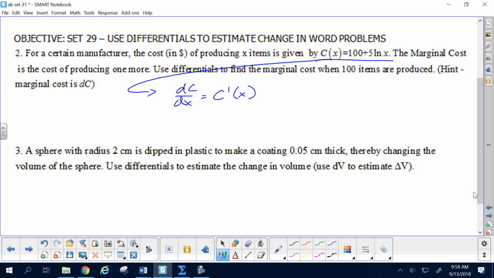You didn't have to write that. You could jump straight to dC is the derivative C prime times dx. Okay? The differential idea is the derivative. The differential is the derivative times the differential of the other. All right. So that said, then let's roll. What is the derivative of C?